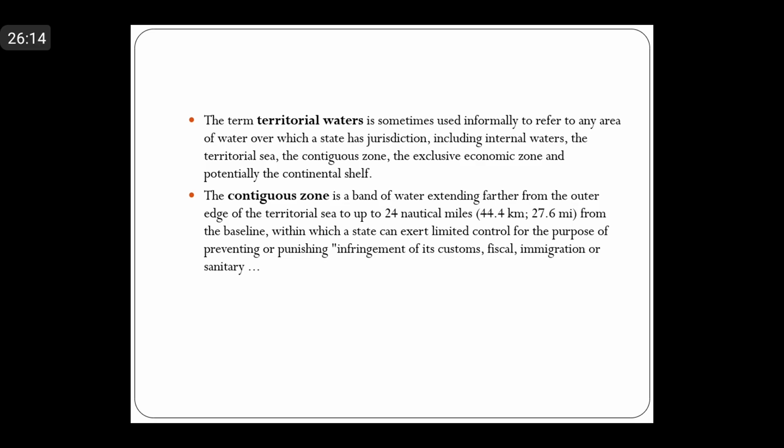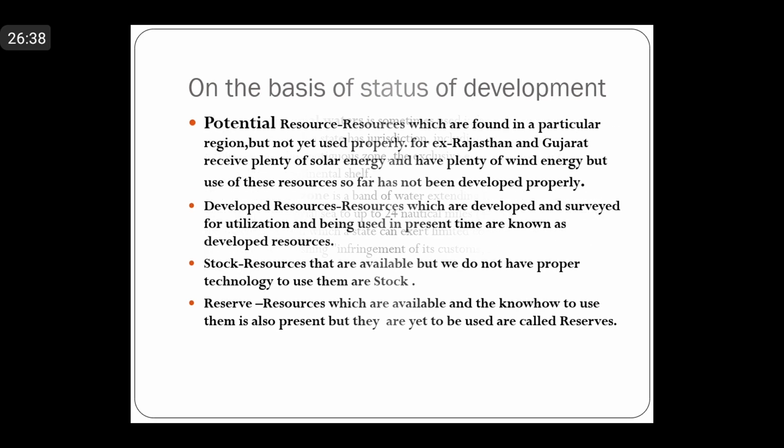Okay, have you understood? You cannot extend up to this contiguous zone unless and until you have got the permission. Okay, that was your contiguous zone. Permission from where? From the United Nations. Then only you can exploit those resources.